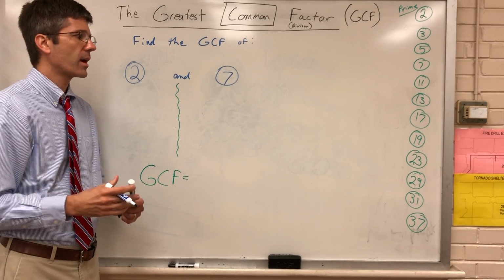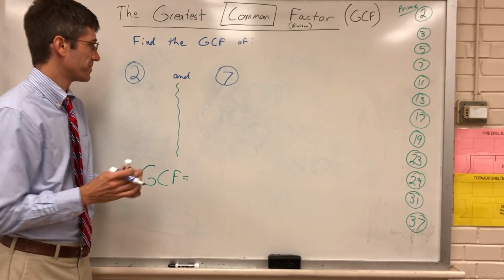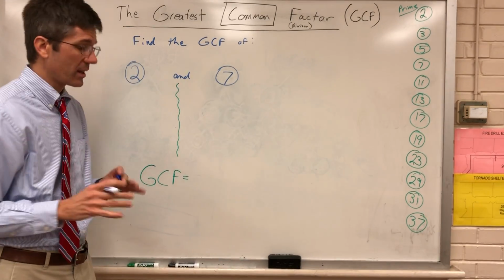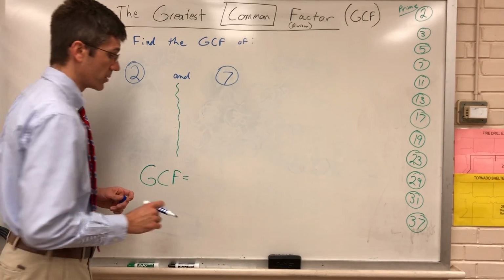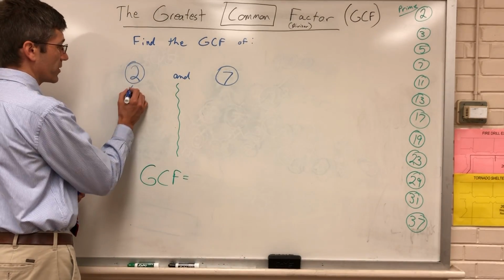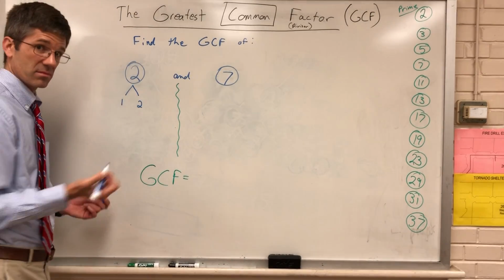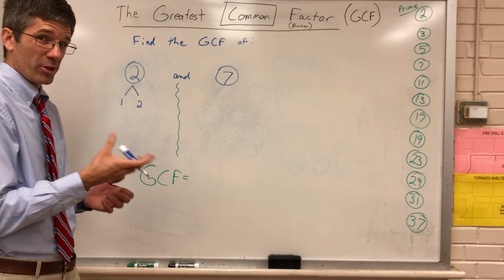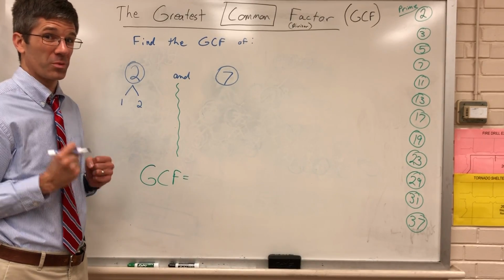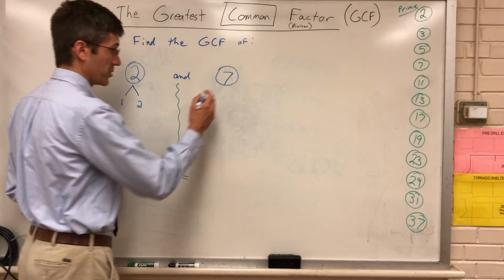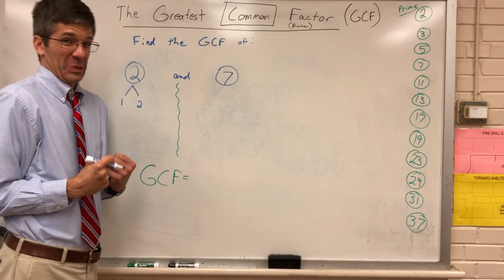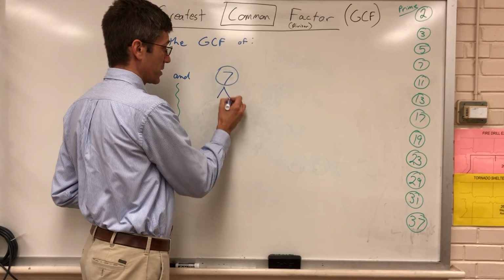No. Okay, here's the deal. If I do that thing that I don't want to do, if I was to say, well, you know what, this is really 1 times 2, right? Now I'm going to start using 1 here. Sometimes I have to. That's 1 times 2. That's why I'm making this face. I don't want to use the 1, but I have to. 7 is really 1 times 7.